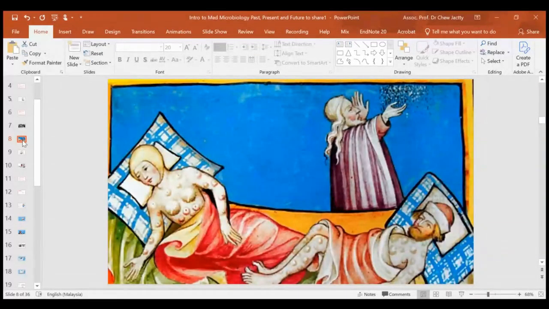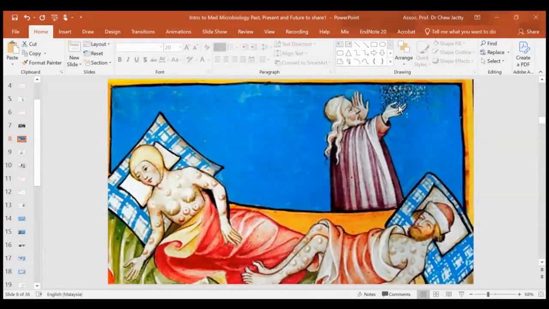Why did it get this name? Because when a person was infected by the bacteria, they would form bubonic growths along the body trunk, as you can see in the pictures here. As time goes by, these structures that grow will turn black. Over here, you see two persons on the bed with a lot of buboes growing on their body.